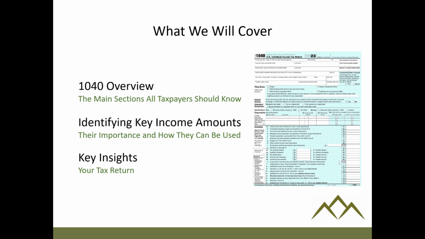We're going to zero in on some of the main sections that everyone should have at least a cursory understanding of if you want to understand your tax filings. We're going to hone in on some of the more important and commonly misunderstood line items.